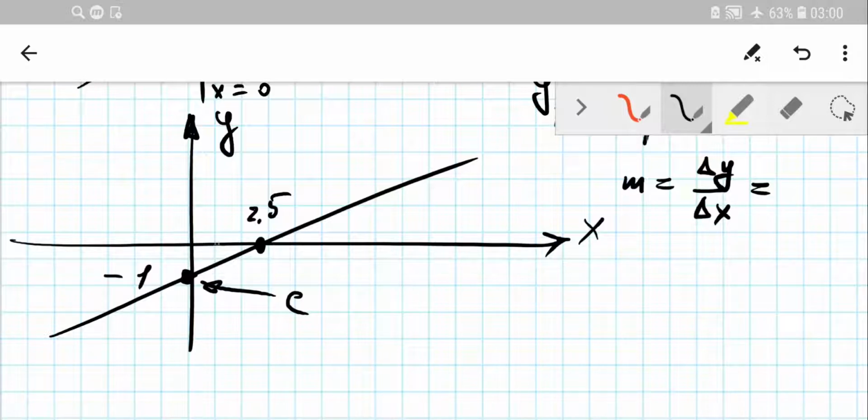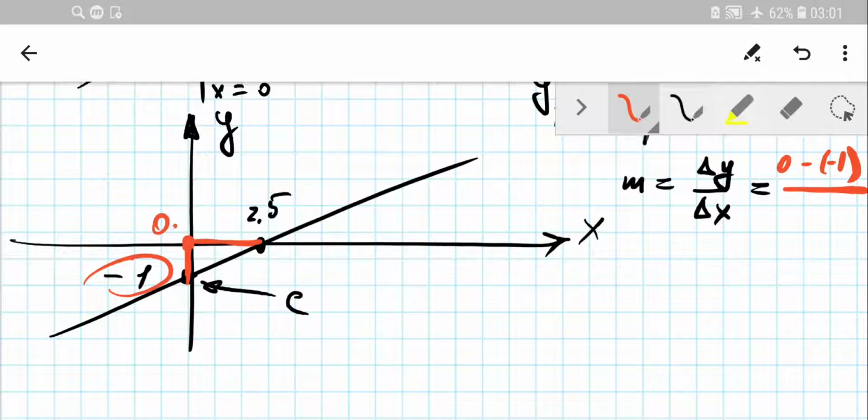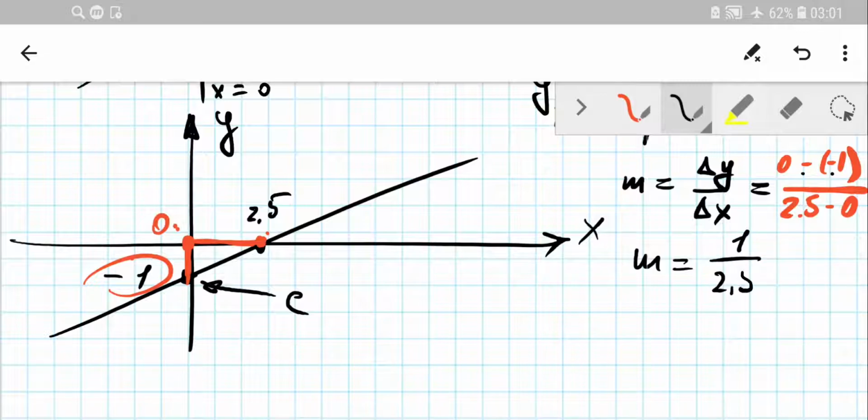So in our case, change in y is from -1 to 0. So it's rising, right? The ending point is 0, the starting point is -1. So 0 minus -1 over, let's see, the change in x is from 0 to 2.5, right? So we have the final point 2.5 minus 0, okay? So m, in our case, minus -1 gives you +1, so 1 over 2.5.